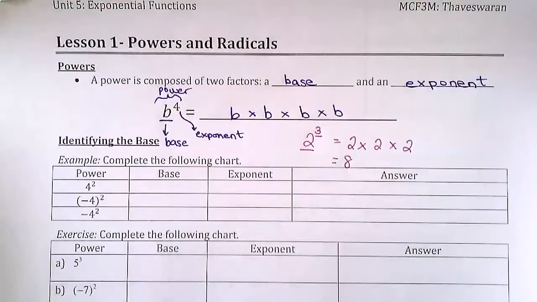Now, something that gets confusing or tricky sometimes is to identify what the base actually is. So let's take a look at these expressions. They seem very similar in the sense that you see a 4 there, you see a 2 as the exponent, but you can see that there's negatives and positives, and this changes what the base actually is.